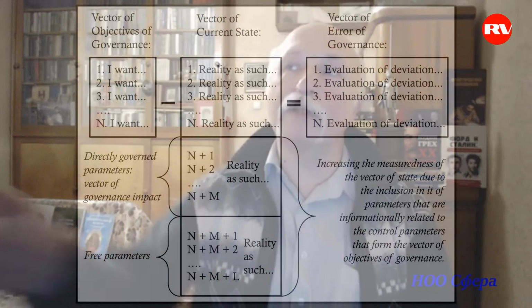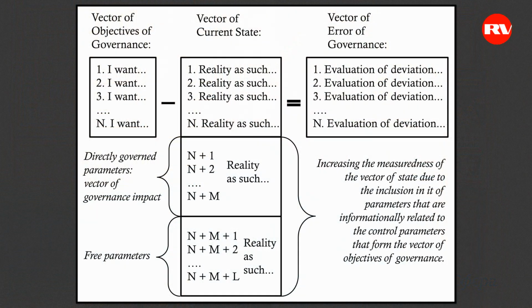Well, because the sufficiently general theory of governance has an expanded understanding of the term vector of objectives. That is, when we see on this diagram the list I want, I want, I want, then the question arises, to what do these I wants refer? And these I wants, they can refer in fact to anything.